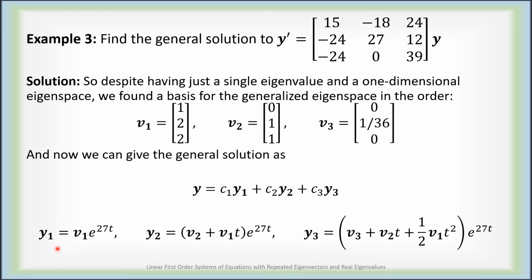Specifically, y1 is the eigenvector times e to the eigenvalue t. y2 is the generalized eigenvector plus the original eigenvector times t, all times e to the 27t. y3 is the next generalized eigenvector plus the one before it times t plus 1/2 times the original eigenvector times t squared, all times e to the eigenvalue t. And here we have three linearly independent solutions to the original differential equation.